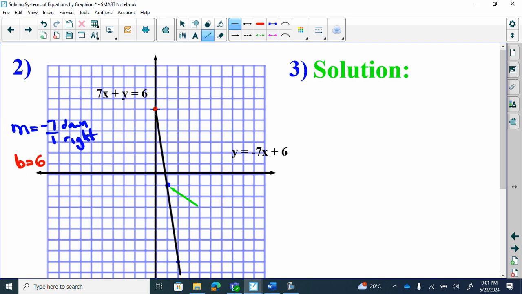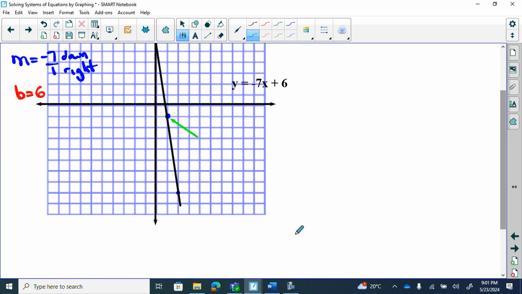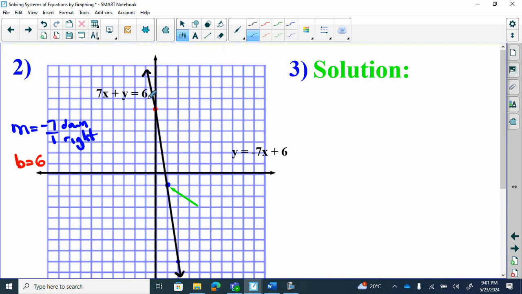I can put an arrow, or I can extend this a little. And I'll put an arrow on this end and an arrow on this end. And there's my first line. That is 7x plus y equals 6, or we had it written as y equals -7x plus 6 after I rearranged.